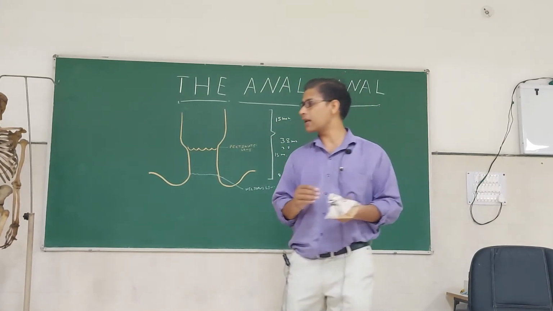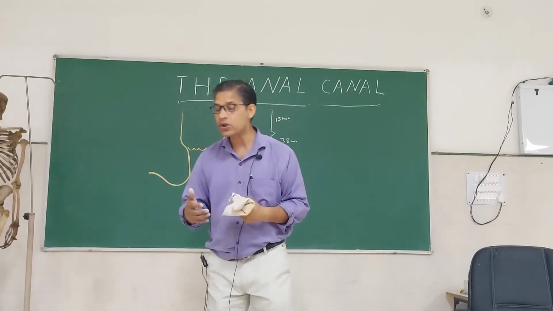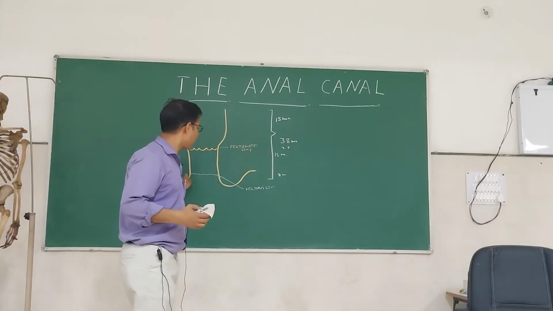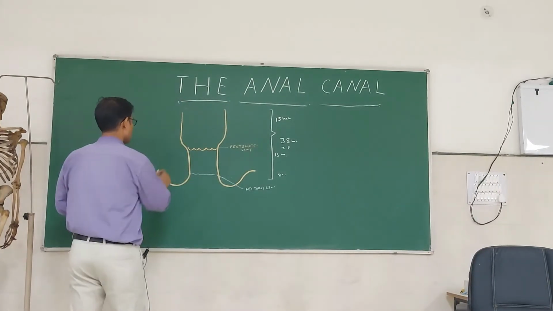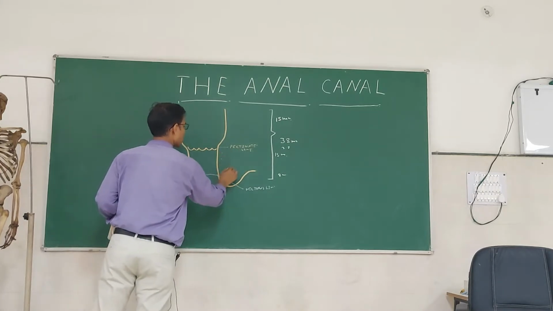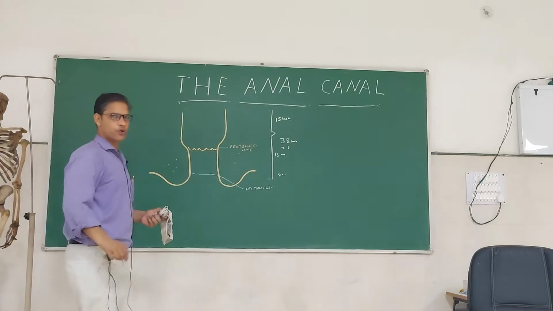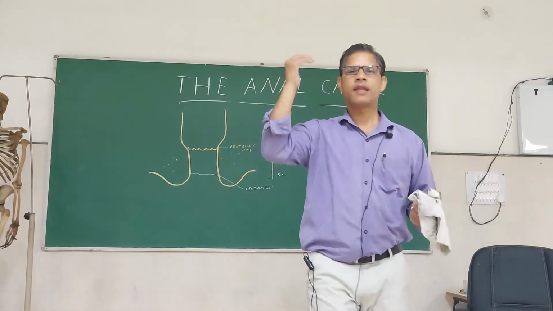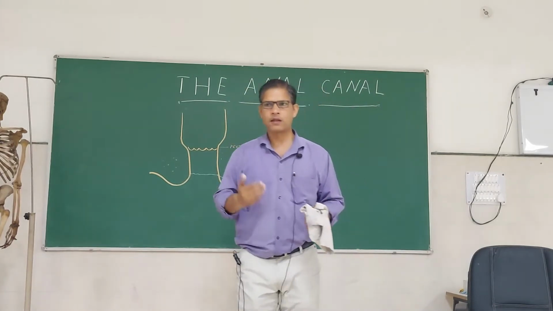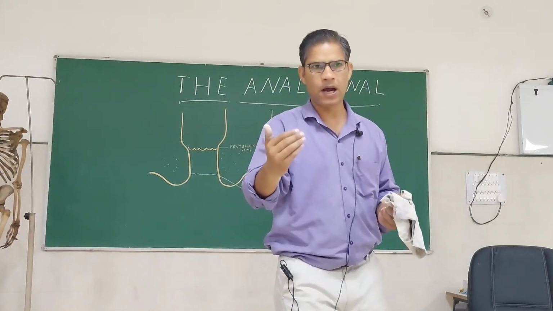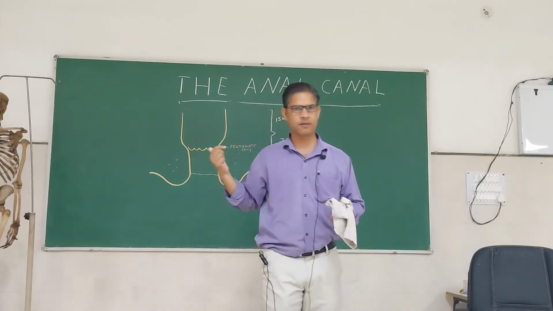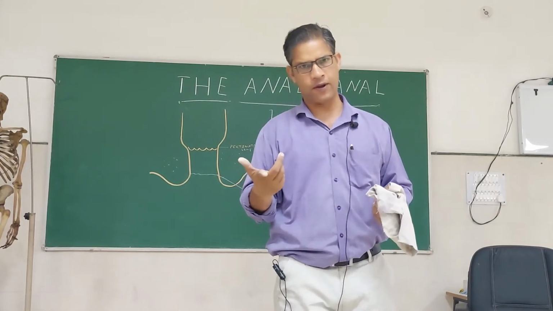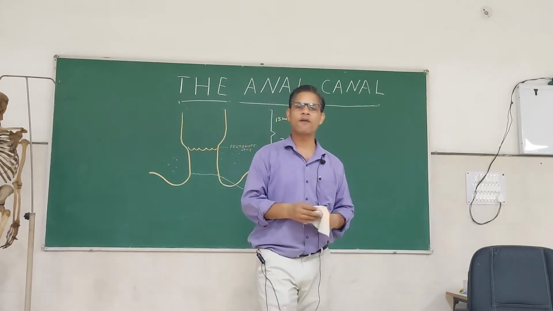On each side of the anal canal there is the ischioanal or ischiorectal fossa, a fat-filled space. Very simple: anteriorly the perineal body, the bulb of the penis or in a female the vaginal part; posteriorly the tip of the coccyx and the anococcygeal raphe; on each side the ischioanal fossa.